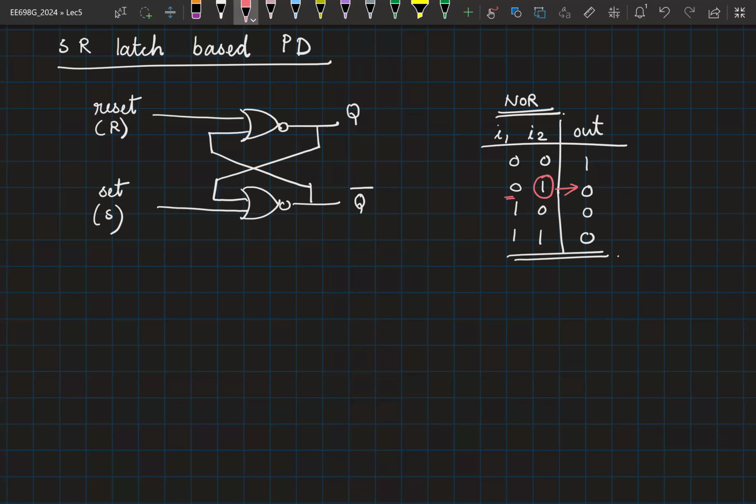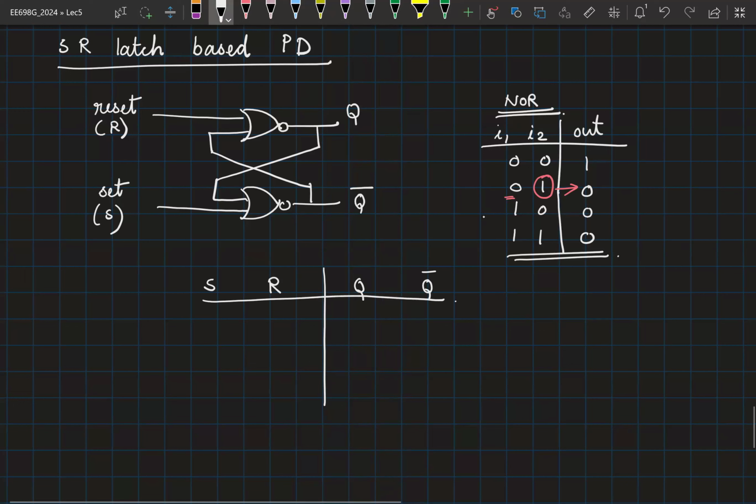So what we are looking for is S, R, Q and Q bar. Let's look at this scenario.